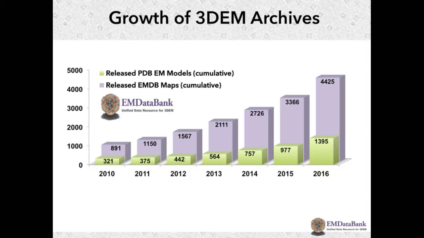So just as I was mentioning, we have quite a bit of growth. This is just in the past 6 years. We've gone from less than 1,000 entries in 2010 to, we're definitely going to reach 5,000 by the end of this year for the maps.